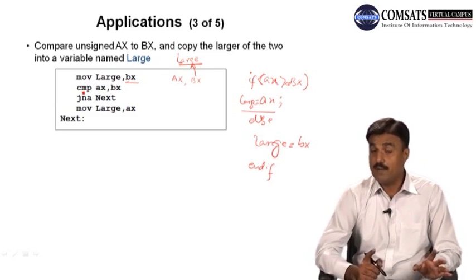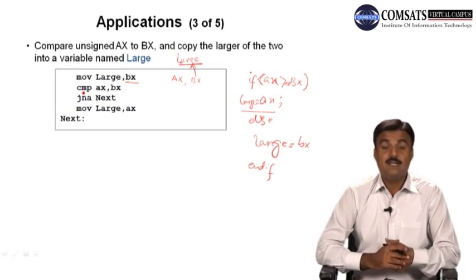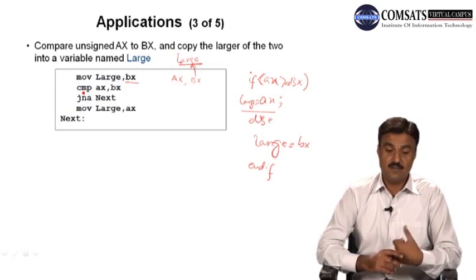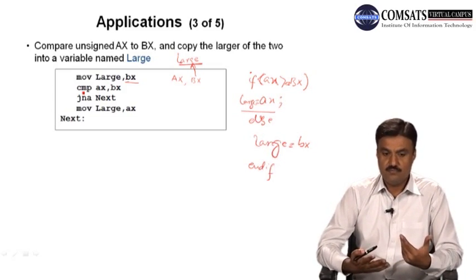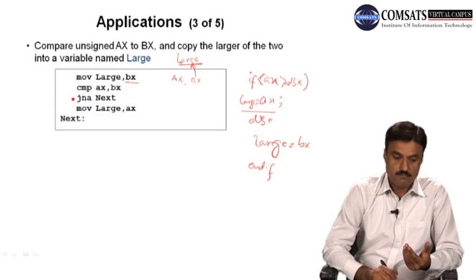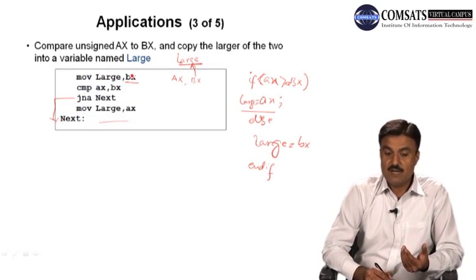Now we compare AX and BX. If AX is not above BX, meaning AX is less than or equal to BX, then we jump and do something else, because we have already assigned BX into large.